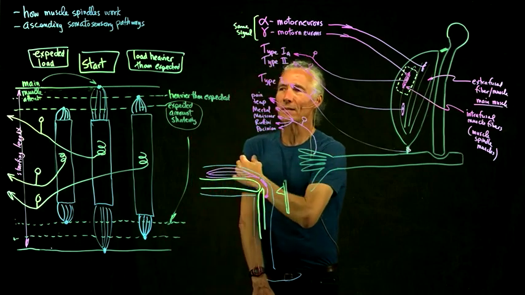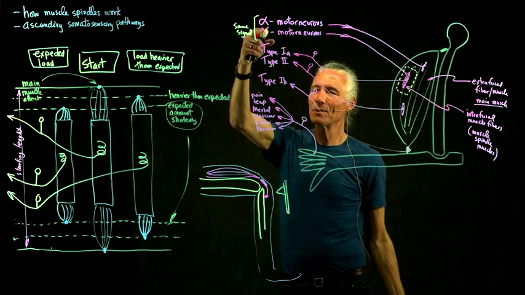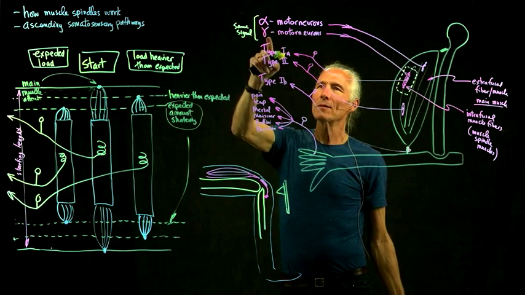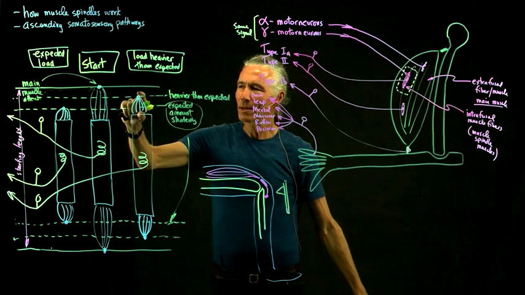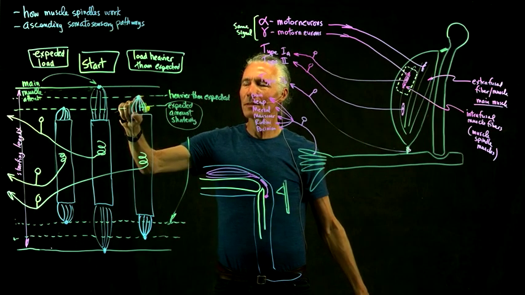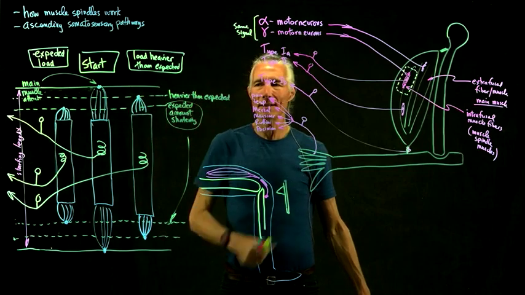At first it was confusing: why are they always firing at the same time? Why have these two different ones? But this one is sending in the amount of firing which causes the shortening of this little muscle spindle muscle, and that's basically the prediction as to how much the main muscle is going to shorten. And then the alpha motor neurons actually cause the main muscle to shorten.